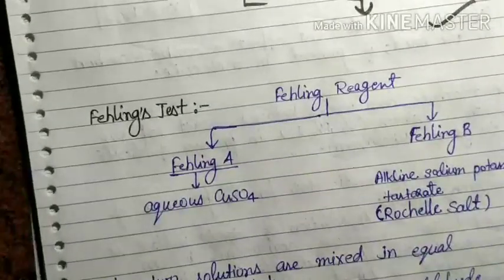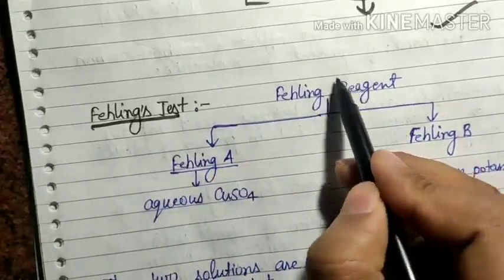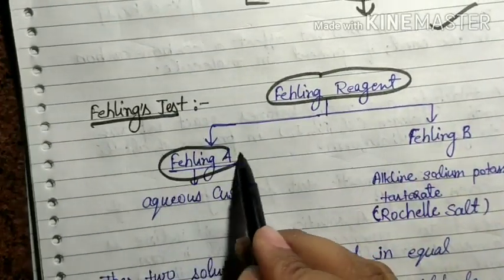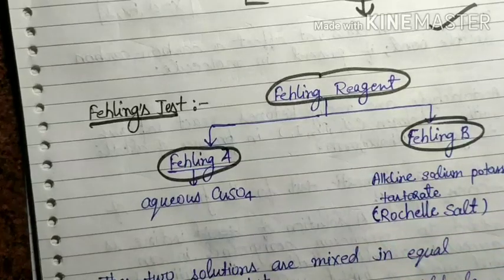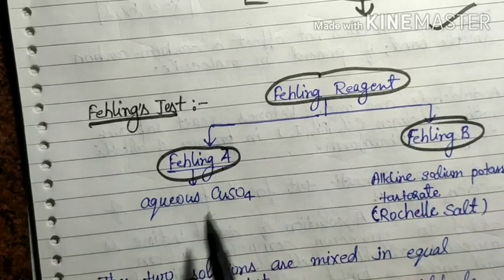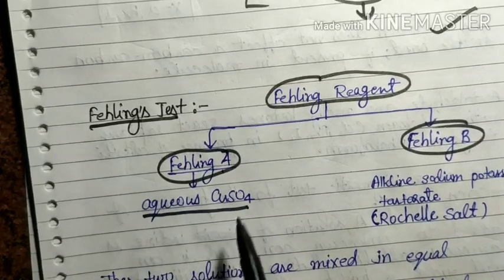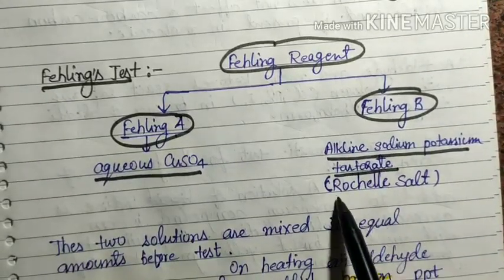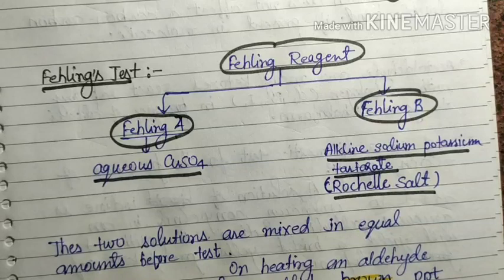Next one is the Fehling test. First we discuss the Fehling reagent. What is Fehling reagent? Fehling reagent is a mixture of Fehling A and Fehling B in equal amounts. Fehling A is aqueous copper sulfate, CuSO4, and Fehling B is alkaline sodium potassium tartrate, known as Rochelle salt.